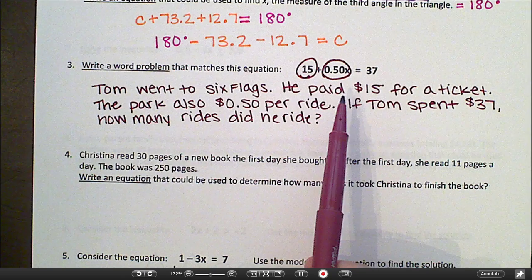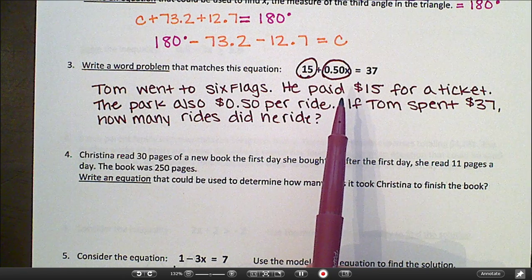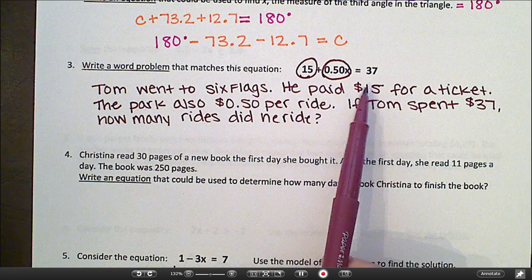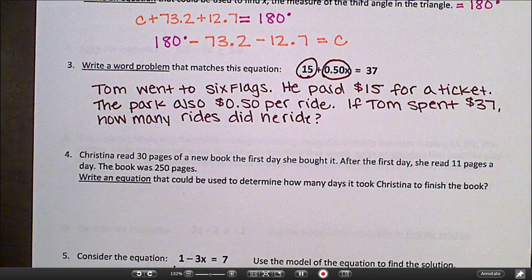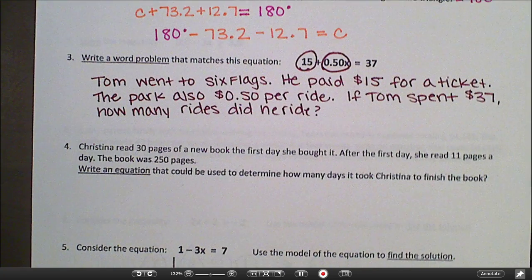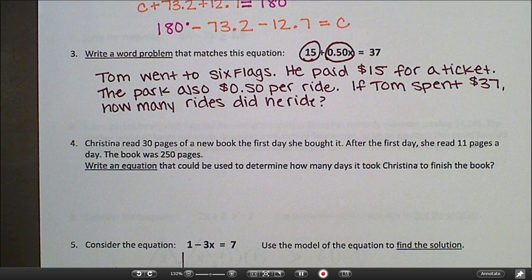That'll tell us how many rides he rode. If we wanted to solve this, we would get rid of that 15 from both sides, and then we would be able to divide, but we're not actually trying to solve this. So I'd like for you to take just a minute, and you can work with your neighbor on this if you'd like, to write your own word problem. It may be similar to mine. Something that we could use with this equation.